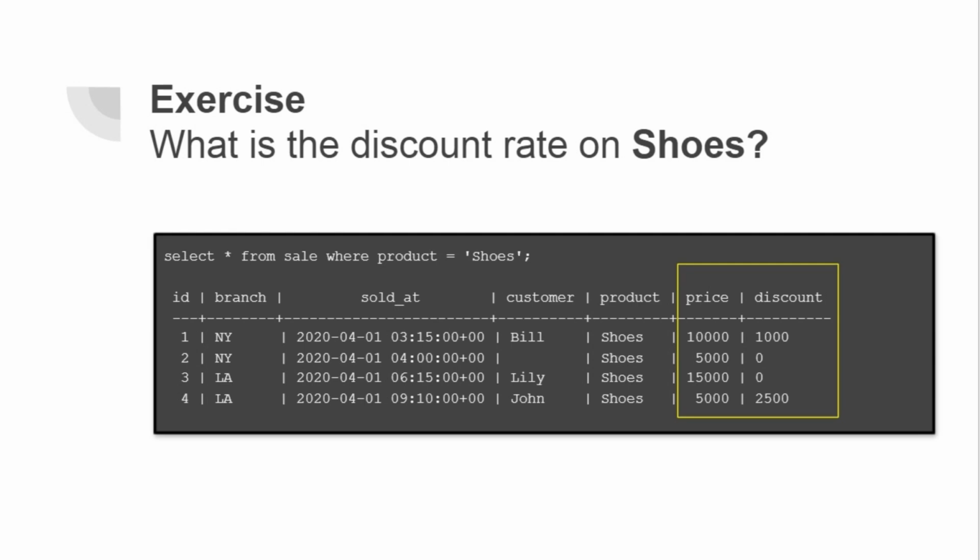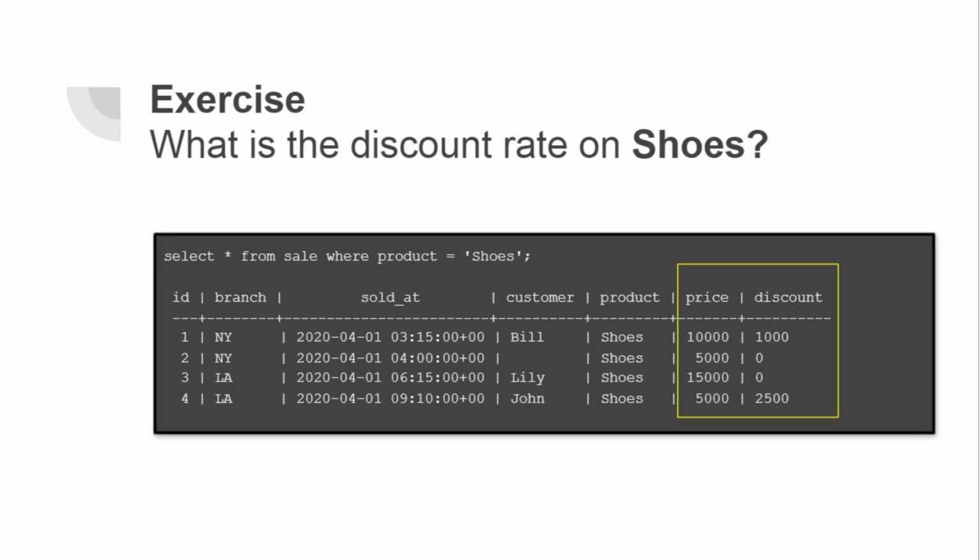So the first exercise: what is the discount rate on shoes? I want you to write a query that finds the discount rate for each sale of shoes. Depending on your use case, you can use whatever works for you. I never use double and floats for money.